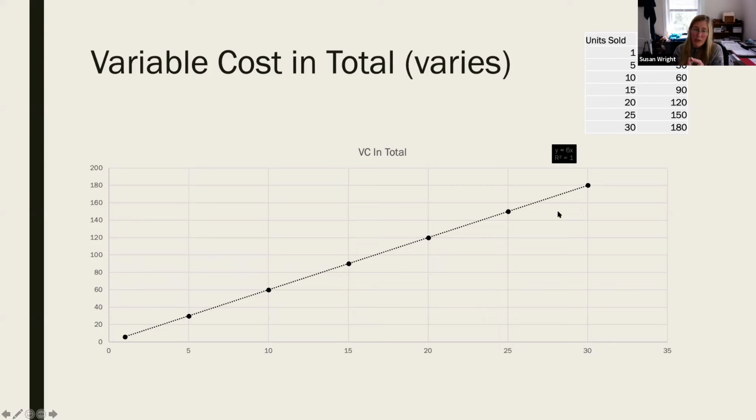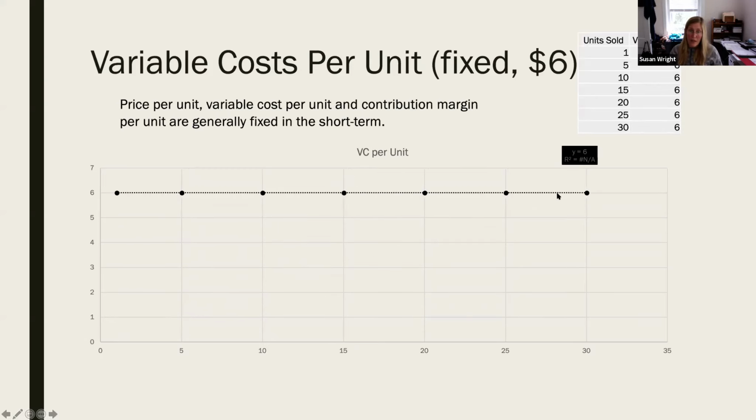But in total, you see it increase because you're multiplying by x. If you look at variable costs per unit, you see the straight line, right? Y is 6. So no matter how many units you sell, the variable cost per unit is going to be 6. So graphically, it's a flat line on a per unit basis.